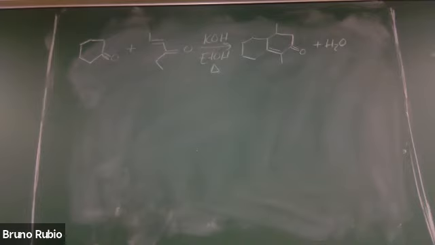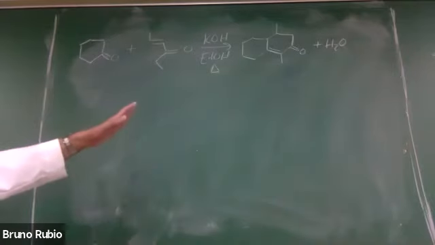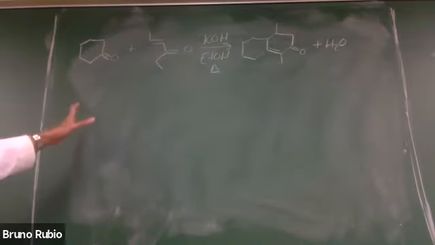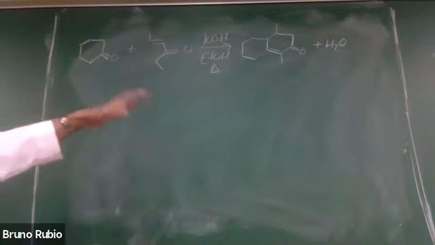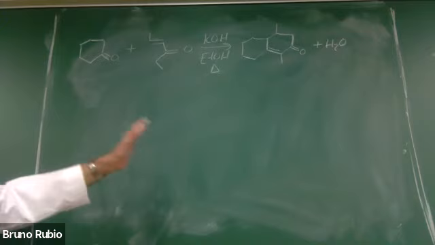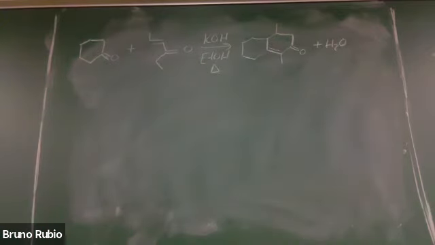So what kind of reaction is this? Well, I see these basic conditions, and I see stuff that can enolize. I see the formation of a new six-membered ring that wasn't there before. This is a Robinson annulation. What's a Robinson? It's a Michael followed by an aldol with dehydration. That's how I see that molecule of water.